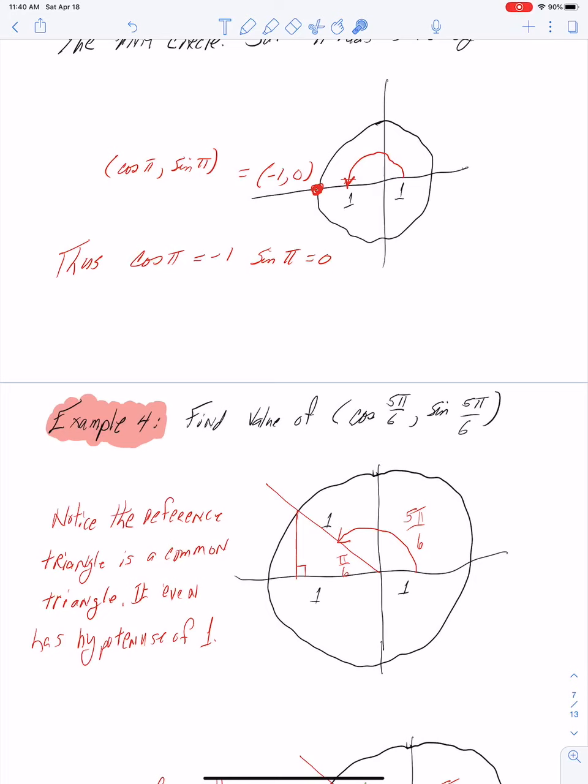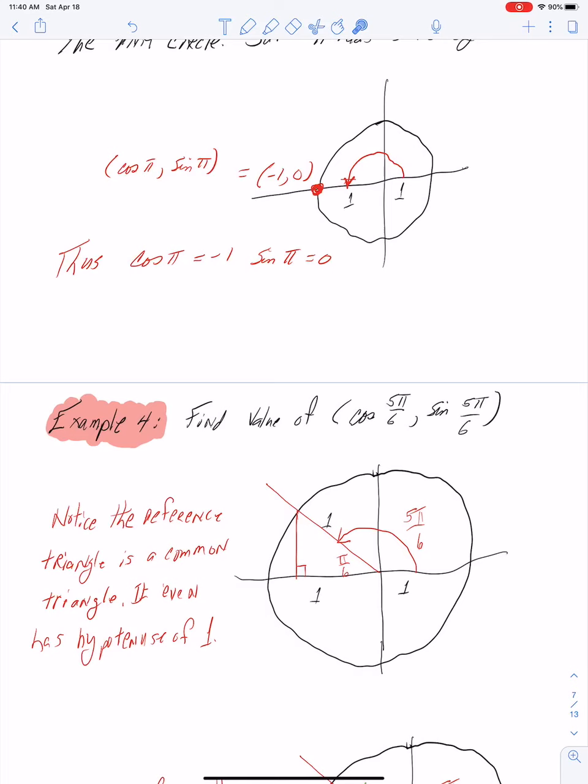All right, so what's 5 pi over 6? Where am I on the unit circle? That's the question. Well, if I walk 5 pi over 6, I have not quite walked pi. Pi is all the way here. How short am I? The answer is I'm pi over 6 short of pi.